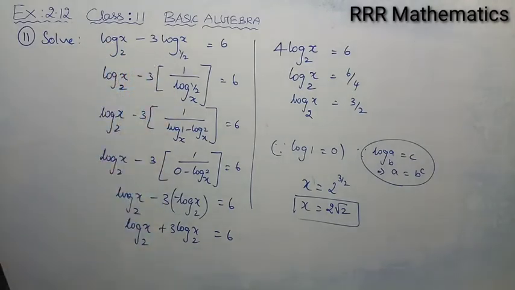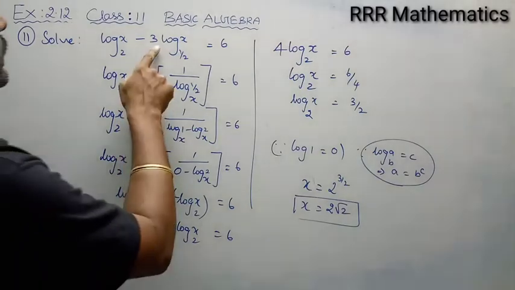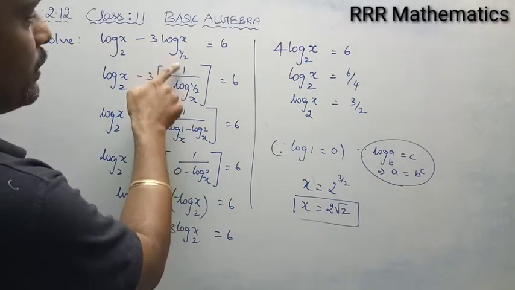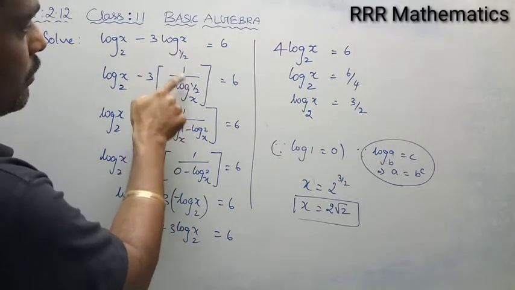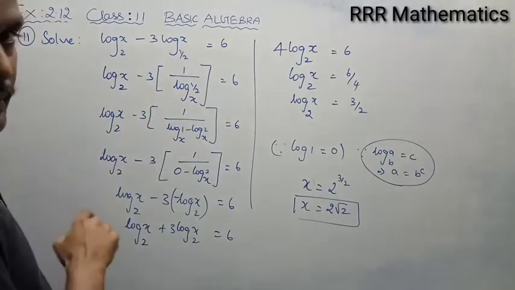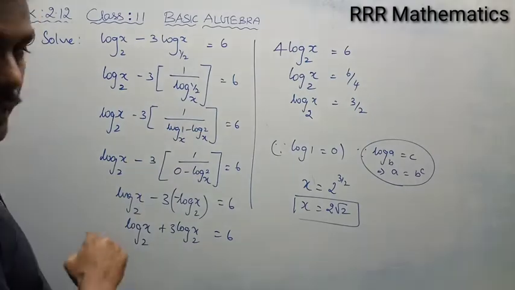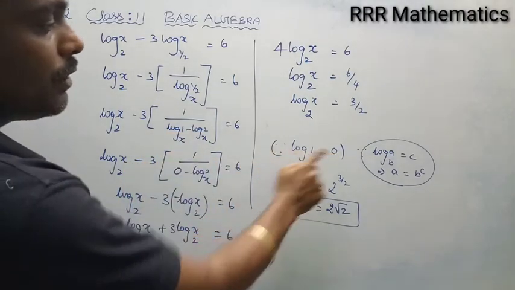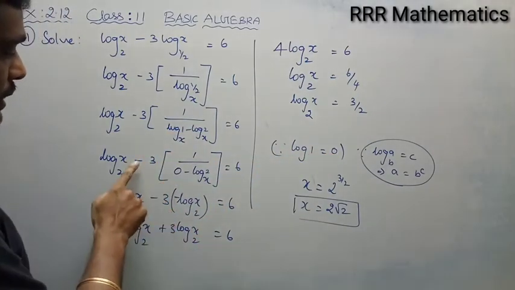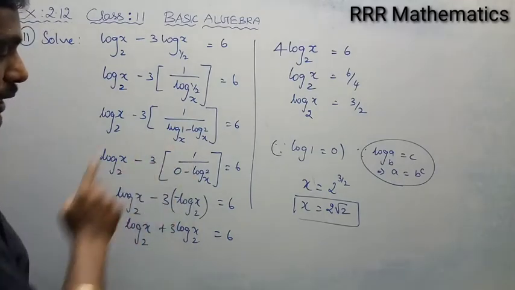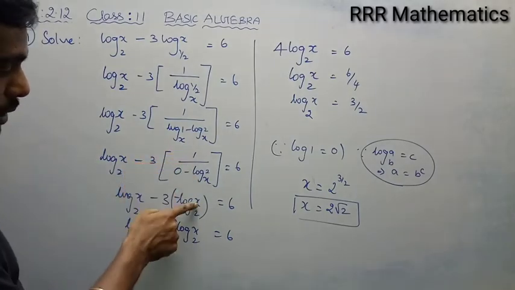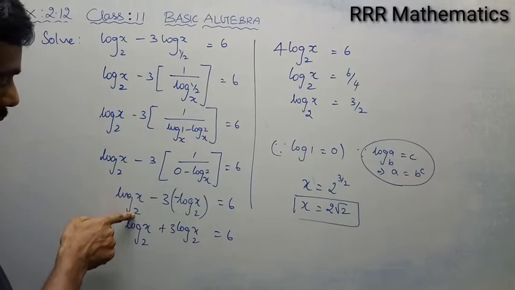Basically, I want to make the base the same, then only I can use the basic properties of logarithm. See here, I have 1 by 2. I am taking the reciprocal, it will be log of base x. Then I am using the quotient rule, log m by n is log m minus log n. What is log 1? Log 1 is always 0. So I replace, and again I am taking it to the numerator, it will be log x base 2.